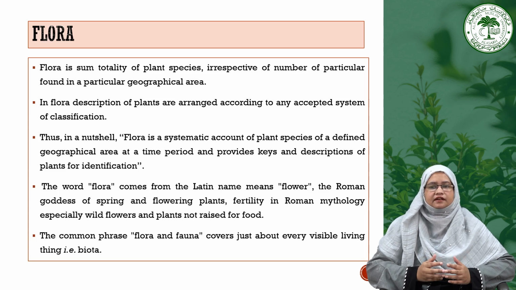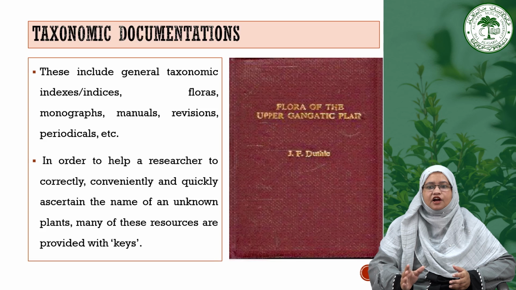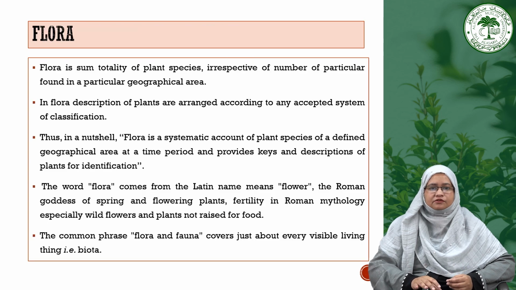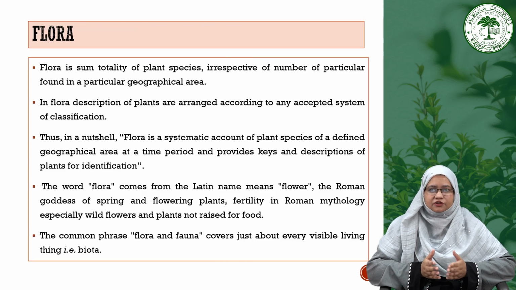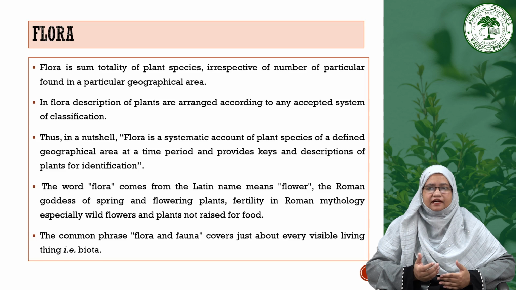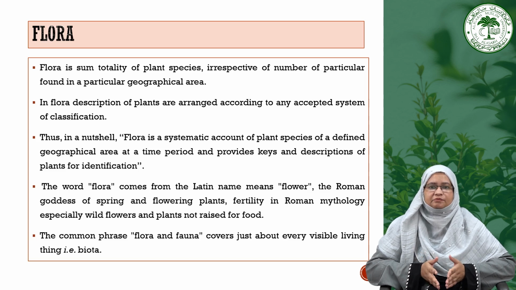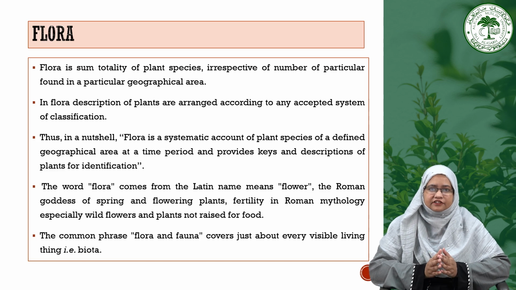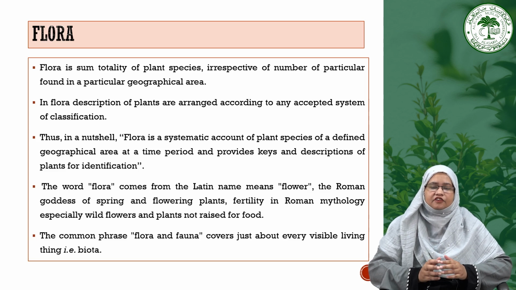Or the flora may cover a very wide range, as we have previously seen in the Flora of the Upper Gangetic Plain. It may also be very small: if I am writing the flora of only Aligarh Muslim University, it is a very confined area, so we have to mention all the plants present in the premises of Aligarh Muslim University. So a flora depicts a geographical area from where all the plant species are documented.